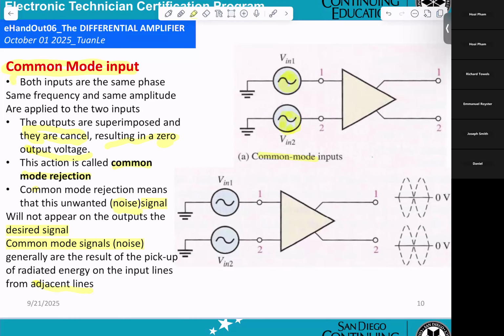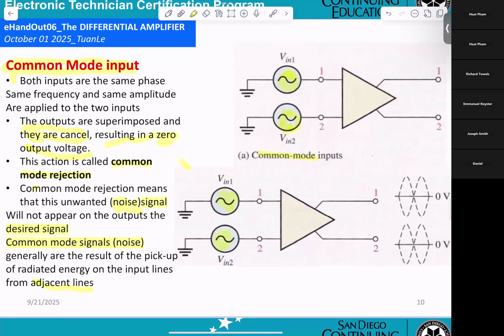Now what does that mean? If the inputs of the op-amp get the same signal, the same everything, we consider that to be noise.